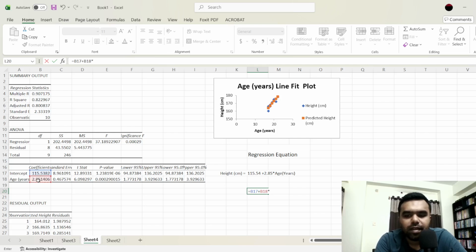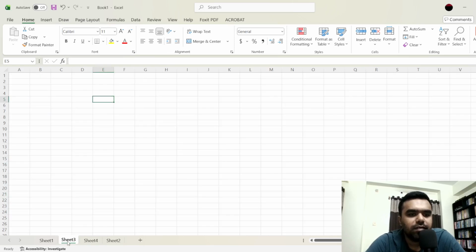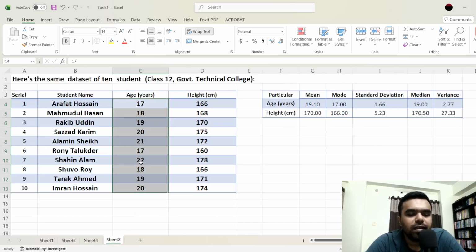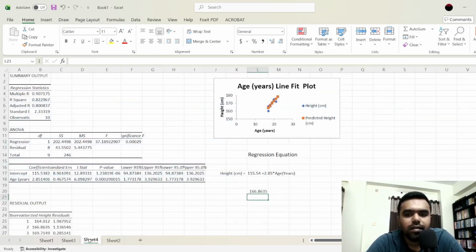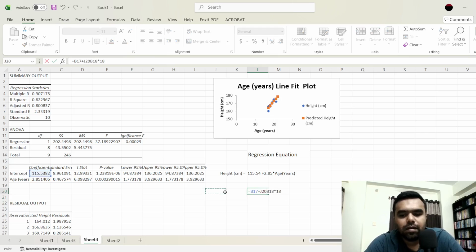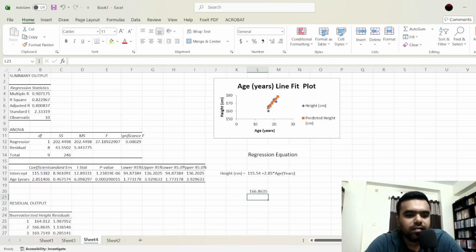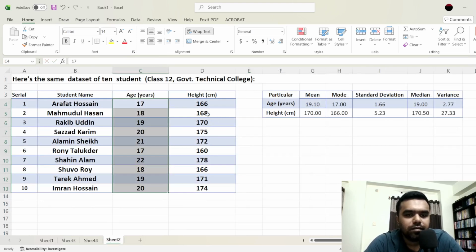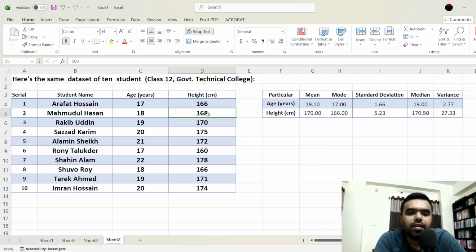If the age is like 18, the height will be 166.86. Now we can see if the age is 18, yes, 18, 167. Yes, if the age is 18, 166 or 168.